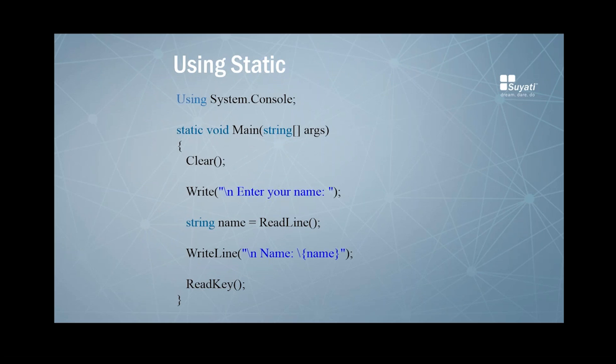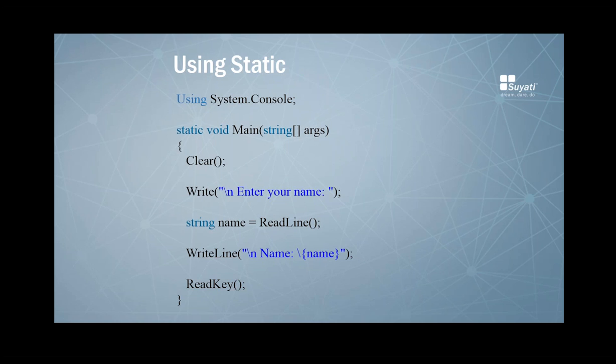Next feature is using static. This is a new concept in C# 6 that allows us to import static members of types directly into scope. That is very useful for every developer in a code file where we need to call static methods from a static class. As we know, a static class cannot be instantiated.